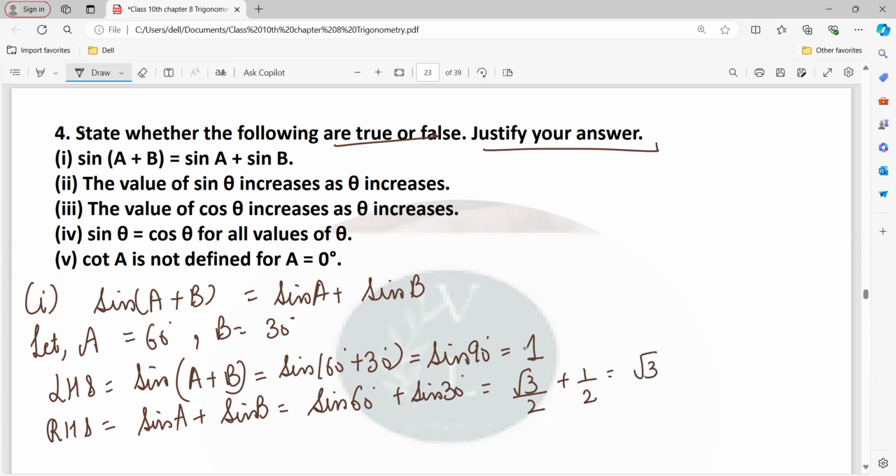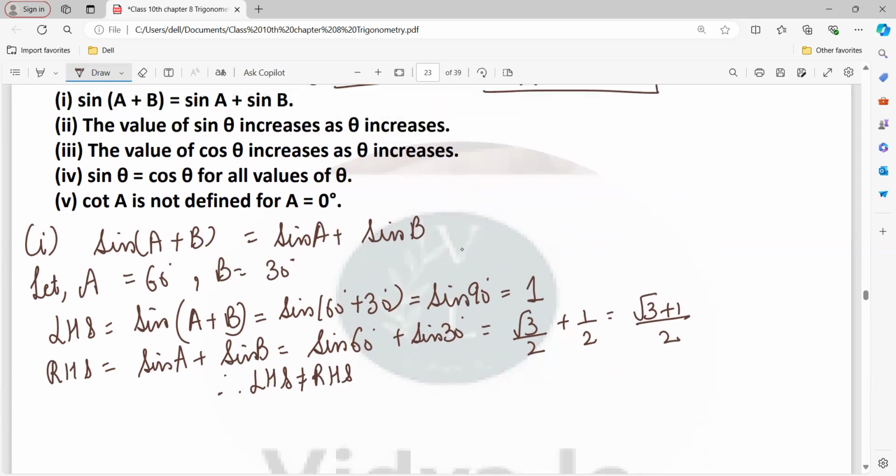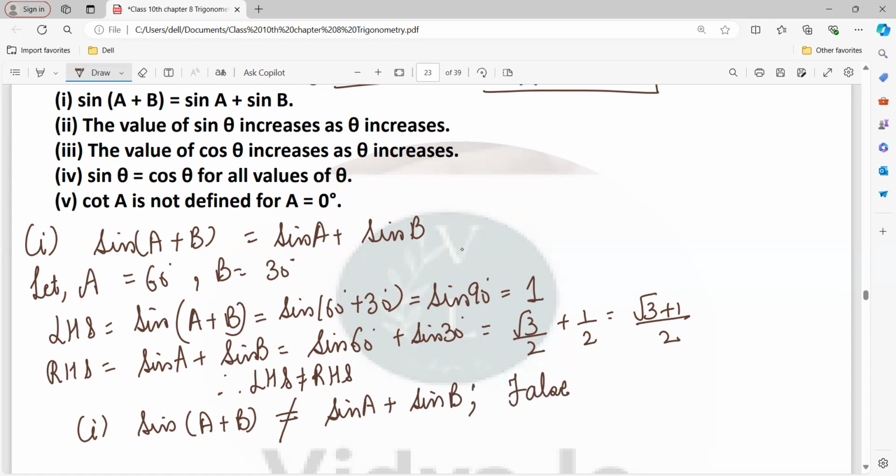So the value we got is root 3 plus 1 by 2, which is not equal to 1. So the left hand side is not equal to the right hand side. So that means the first part is false. So sin(A plus B) is not equal to sin A plus sin B, and hence it is false. Okay.